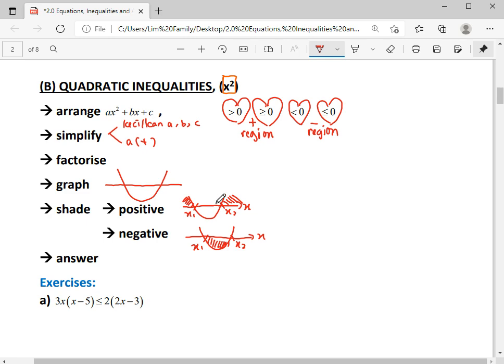So if your answer is in the positive region, then the x will be less than x1, comma, x greater than x2. Or if your answer is in the negative region, you can see this is our negative region, means our x is in between x1 and x2. So that's why x1 will be less than x, then less than x2.